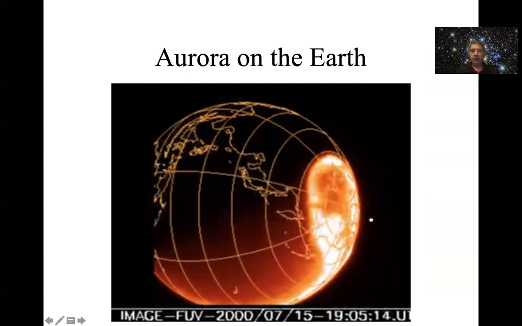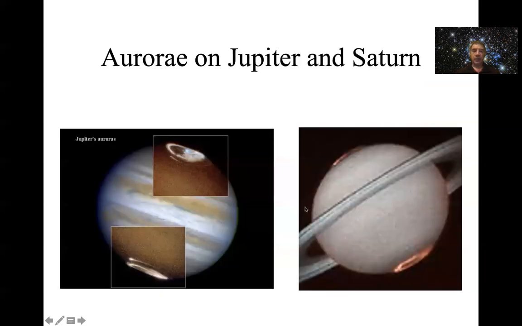And it's not just the Earth in the solar system that exhibits these aurorae. These are Hubble Space Telescope pictures, enhanced to show that the gas giant planets, Jupiter and Saturn, also have these aurorae. You can see it's very similar to what we get on the Earth. You get a ring of emission at the north and south magnetic pole of Jupiter, and the same thing on Saturn.